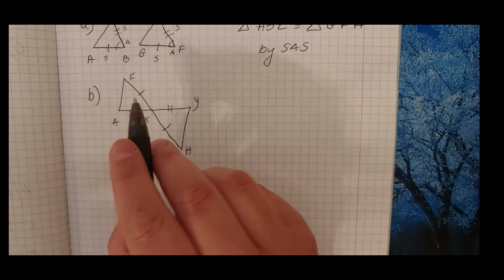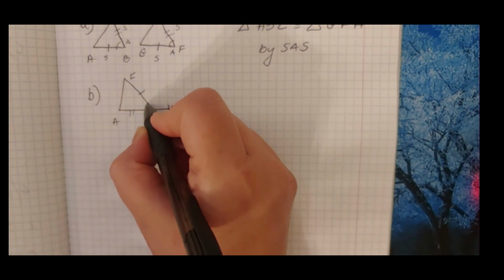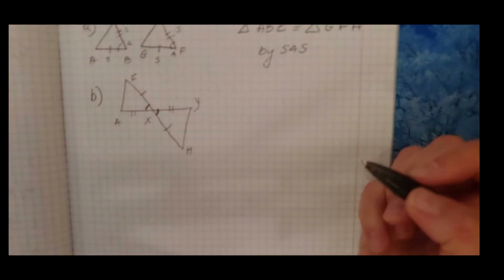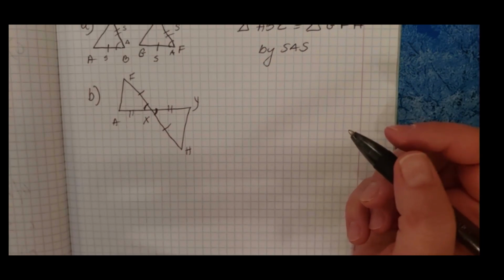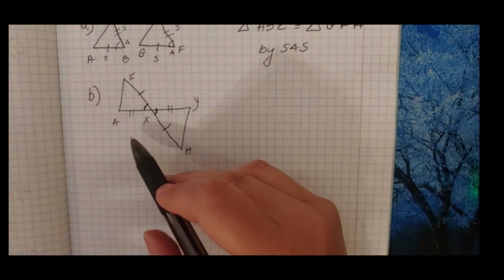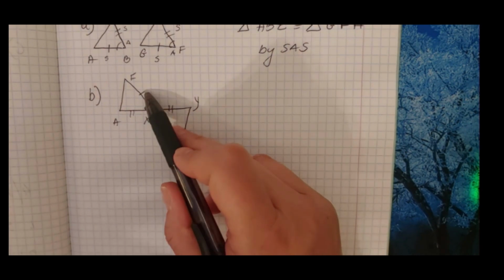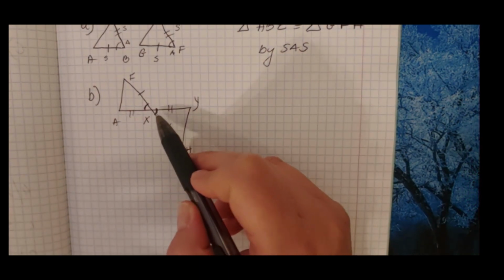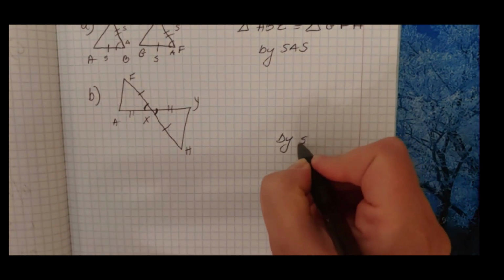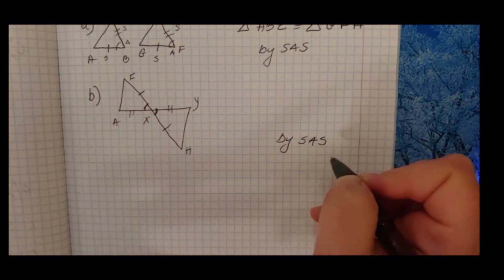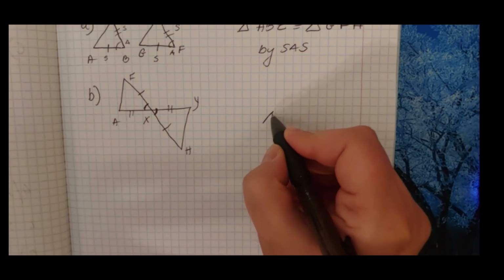But we know that if we see vertical angles, we can automatically mark them congruent. So now I can see that this is side, angle, side, and this is side, angle, side. So they're congruent by side, angle, side with the help of vertical angles. And then I can write a statement.